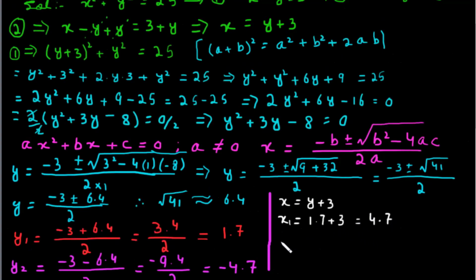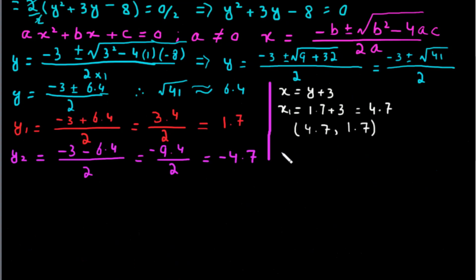So we got the point where y is equal to 1.7 when x is equal to 4.7. This is one pair of points. And now for x sub 2, y is equal to minus 4.7, plus 3, and this will give us minus 1.7. So y has a value of minus 4.7 when x is equal to minus 1.7. So we got another pair of points: x has a value of minus 1.7 and y has a value of minus 4.7.